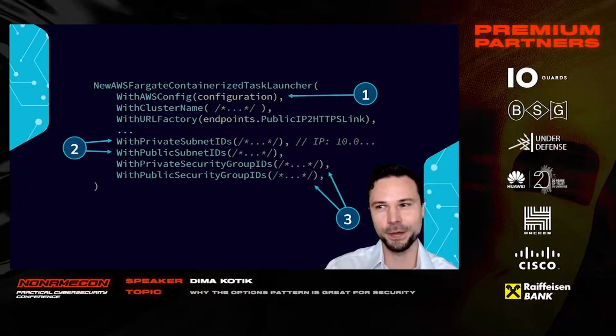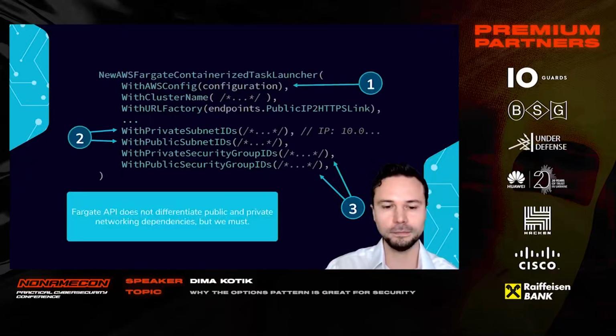This is called security built in, and even if the API itself did not account for those failure states, you're accounting for it in your implementation. Fargate API does not differentiate public and private networking dependencies, but we must. And the option pattern here will help us do that.